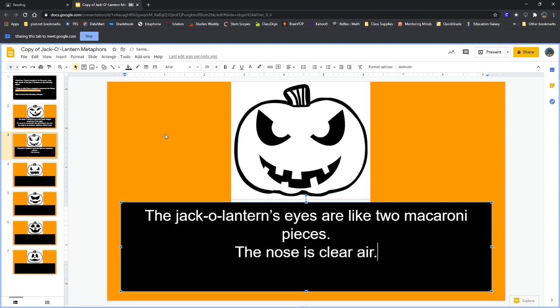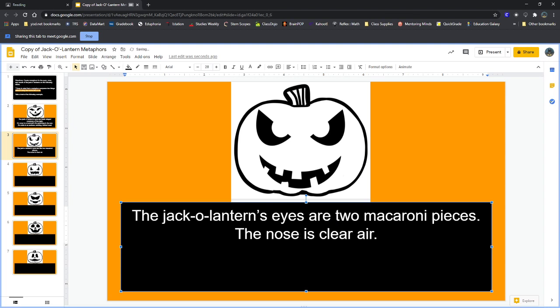Clear air. The eyes look like watermelons with bites in them. It kind of does. Oh, and you're right, Nikai. We did use like here. So we could just say the jack-o'-lantern's eyes are 2 macaroni pieces. The nose is clear air because you can't see it.